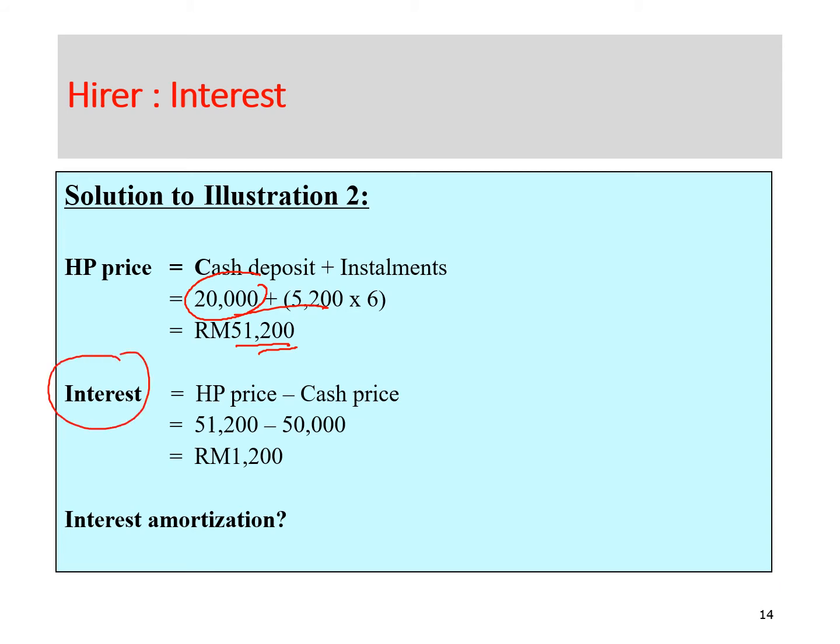So the total interest is your HP price of 51,200 minus the cash price of 50,000. So you will get the total interest is 1,200. In order to compute the monthly interest using the sum of the years digit method, you need to identify the total interest first.